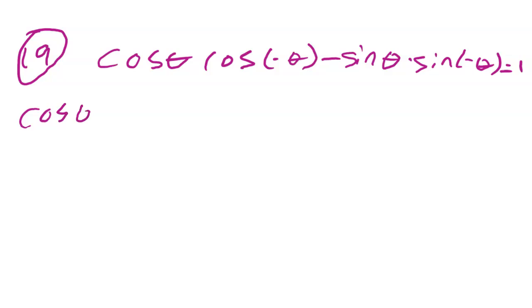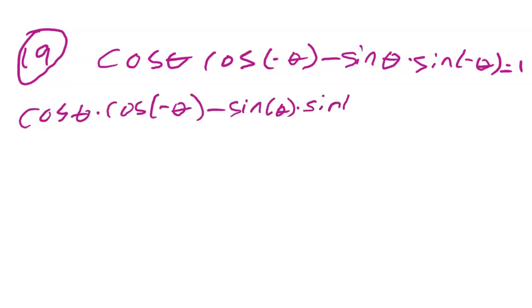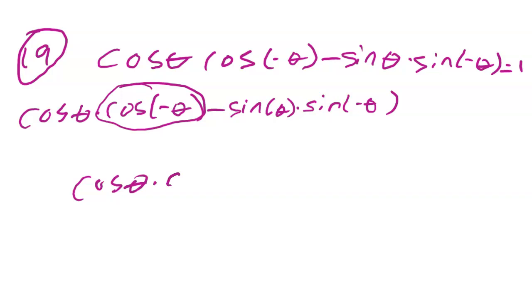So I got cosine theta times cosine of negative theta minus sine of theta times sine of negative theta. And then I'm going to use my even-odd identities. Cosine's an even function, so it's going to eat the negative. So then this gets cosine theta times cosine theta. Sine's an odd function, so the negative is going to come out.